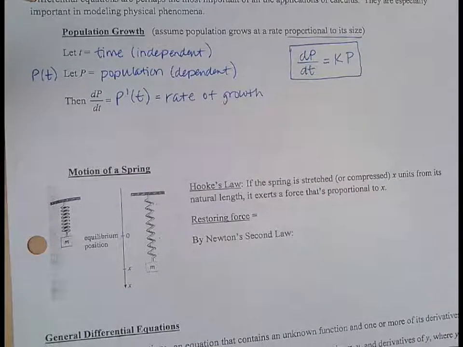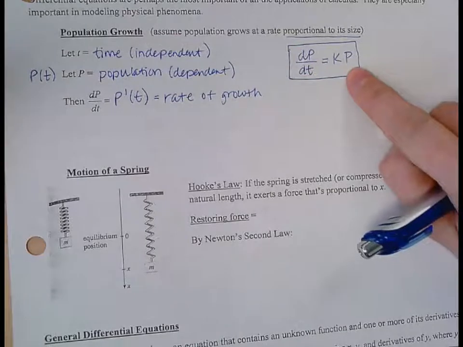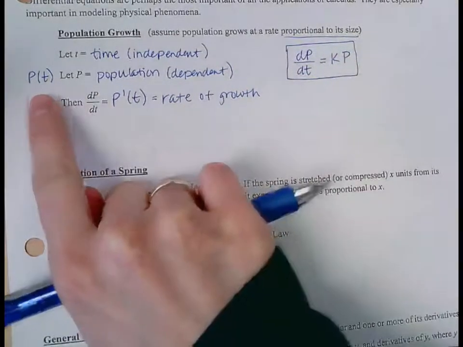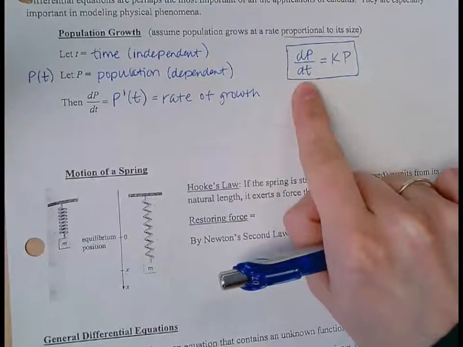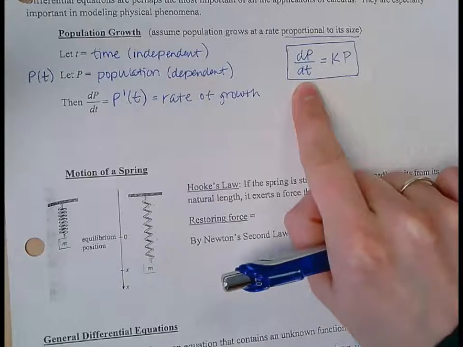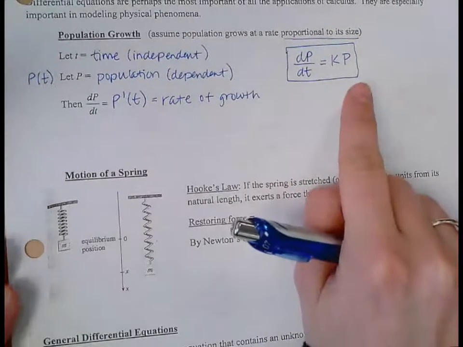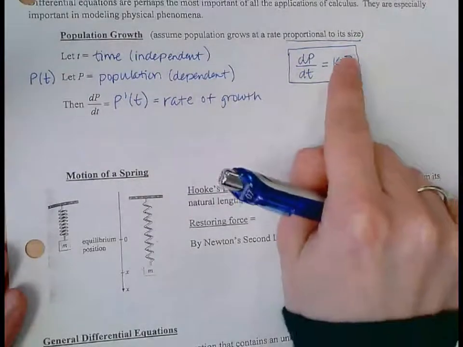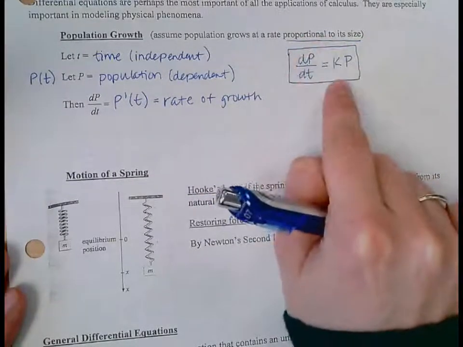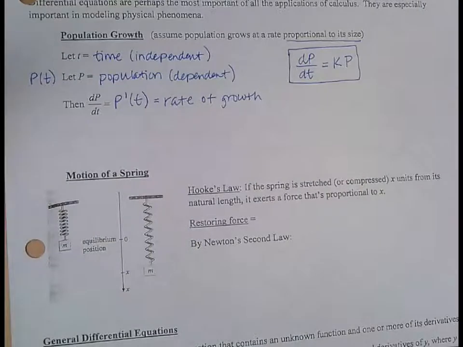I am defining this later. A differential equation is an equation that involves a function and one or more of its derivatives. So we have a function p, or p of t, and we have its first derivative, dp dt. That's what makes this a differential equation. Like I said, in 7.4, we come back to this and talk about it more. I'm just previewing in terms of explaining what a differential equation is.